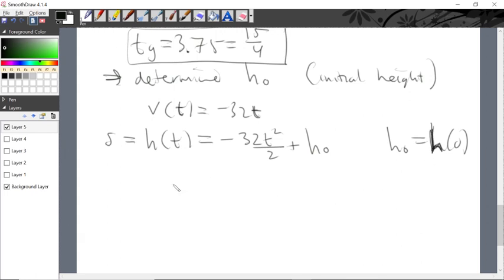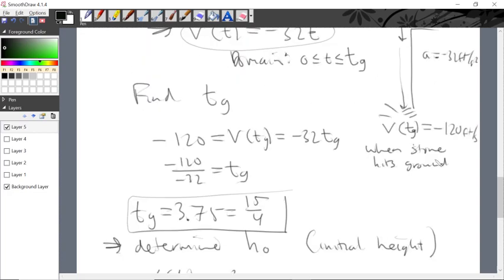Then we want to find out what is the value of h naught. How can we find the value of h naught? Well, because we know the value of the height when it hit the ground. What is the value of the height function when we plug in the time that it hit the ground?